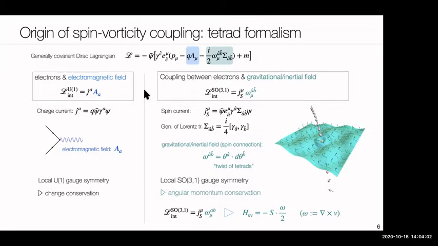Very similar to the U(1) gauge coupling, the spin current is coupled to the gravitational field, which is described by the spin connection, a kind of twist of the tetrads. And this Lagrangian has a local SO(3,1) gauge symmetry, which assures the angular momentum conservation law. From this interaction term, we have the spin vorticity decoupling. Okay, this is the origin of the mechanism.